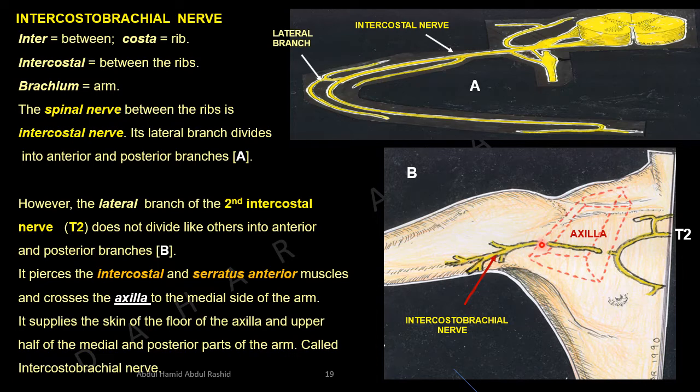This lateral branch of the second intercostal nerve will supply the skin of the floor of the axilla and also the skin of the upper half of the arm, that is the medial surface and posterior surface of the upper part of the arm, and it is called the intercostobrachial nerve.